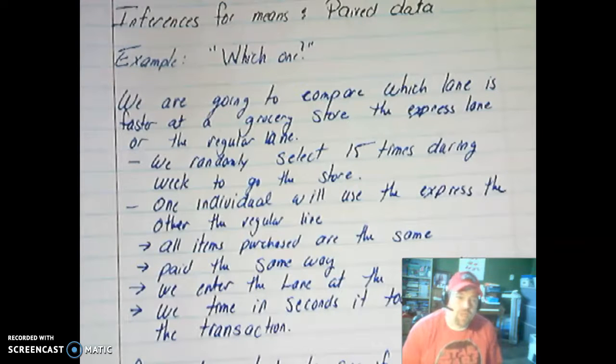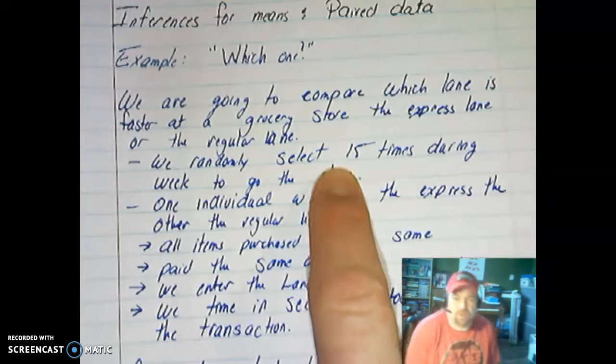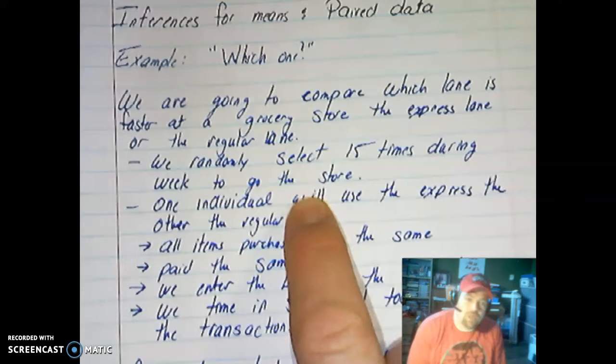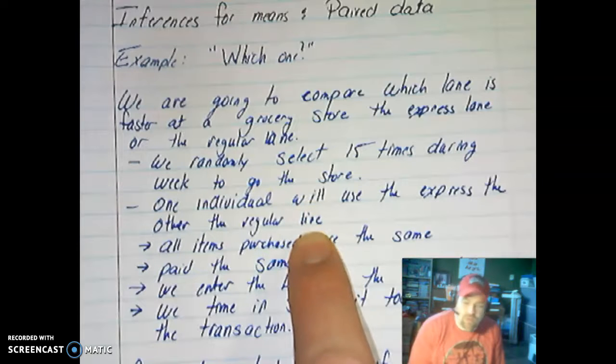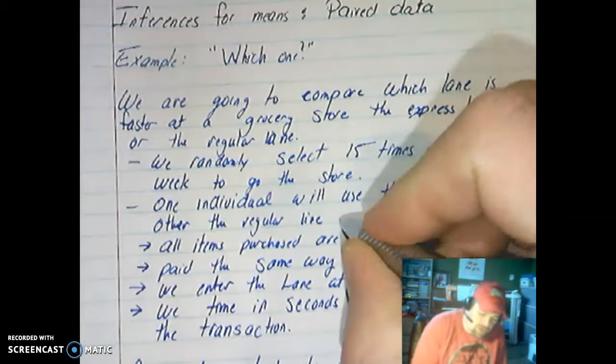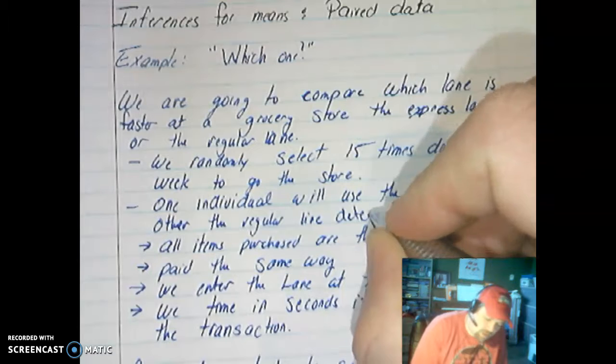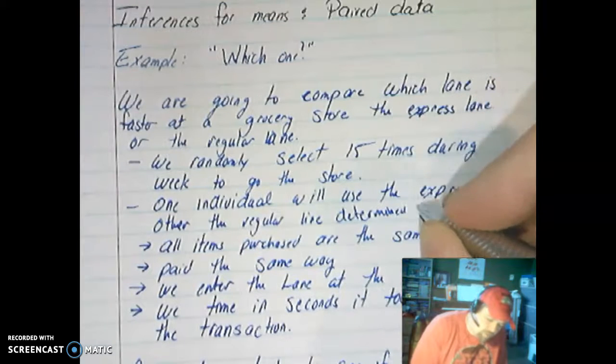Okay, so we randomly selected 15 times that we would go to the store. One individual would use the express lane, the other would use the regular lane, and this was determined by a coin flip.